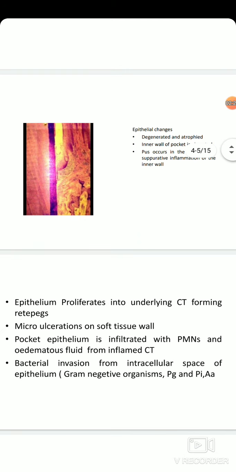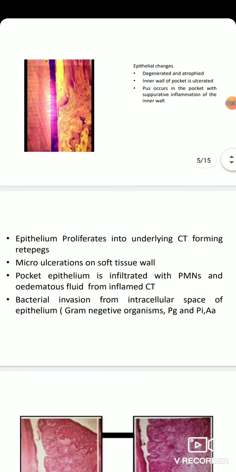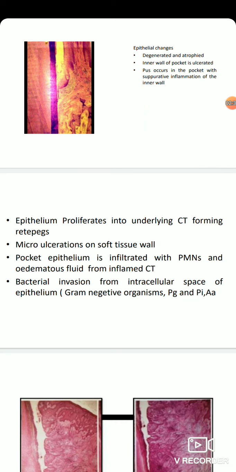So epithelium proliferates into underlying connective tissue forming long rete pegs. And microulcerations on the soft tissue wall, and pocket epithelium is infiltrated with a number of polymorphonuclear leukocytes and edematous fluid from the inflamed connective tissue.